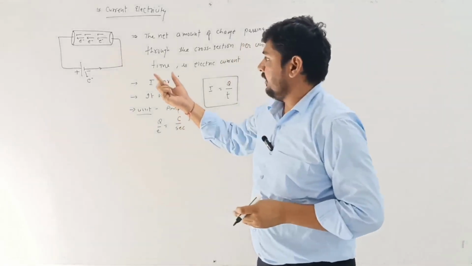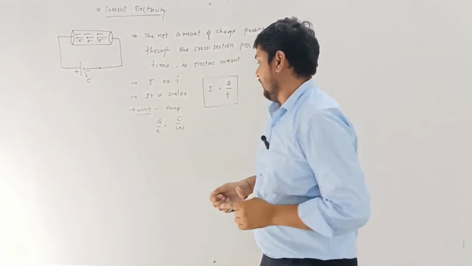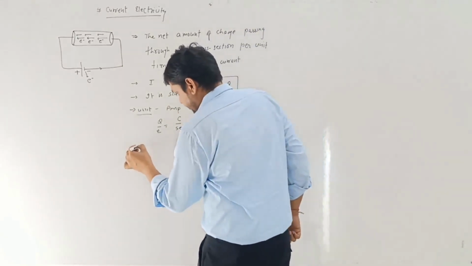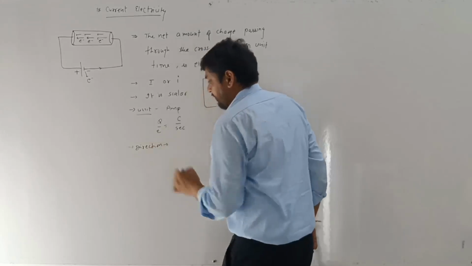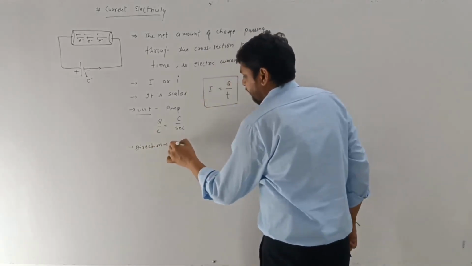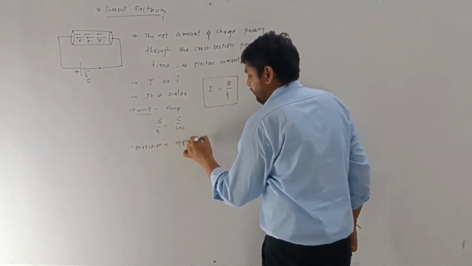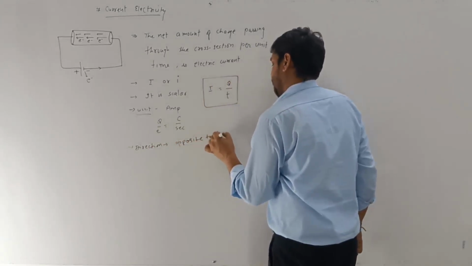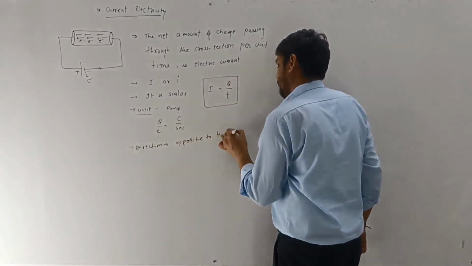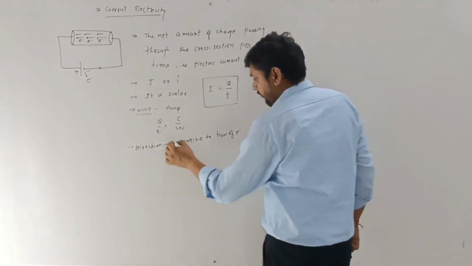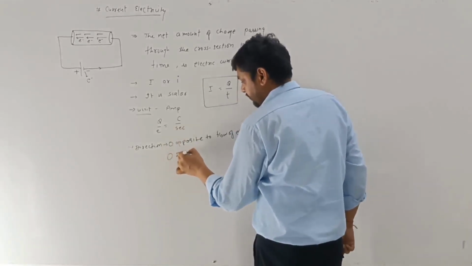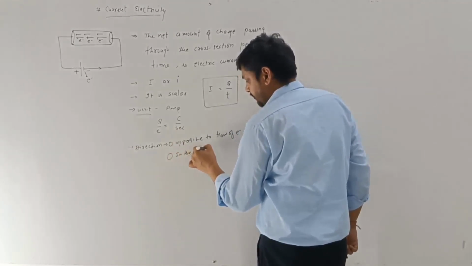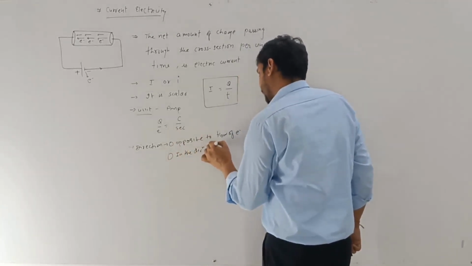If we talk about the direction, the direction of electric current is opposite to the flow of electrons, or we can say in the direction of flow of positive charge.